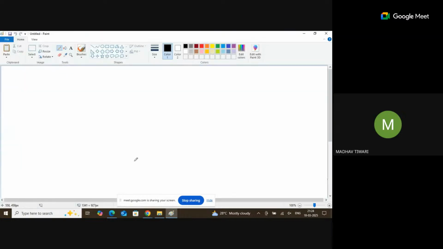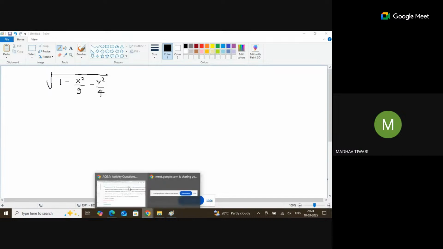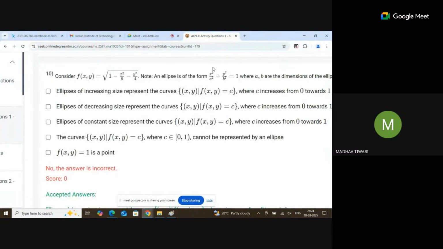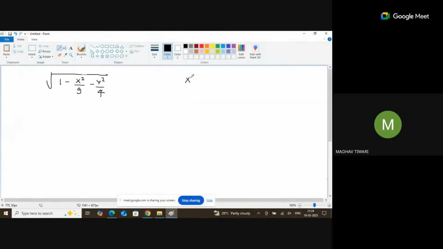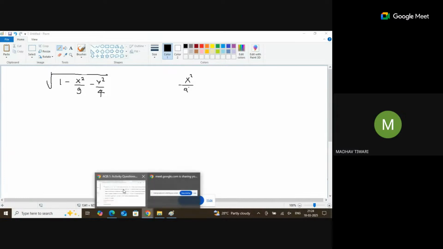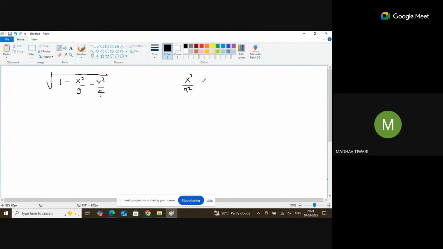So we are given the function like this: 1 minus x square by 9 minus y square by 4. And it is saying that if you have an ellipse equation in the form x square by a square plus y square by b square is equal to 1, then a and b are its dimensions.